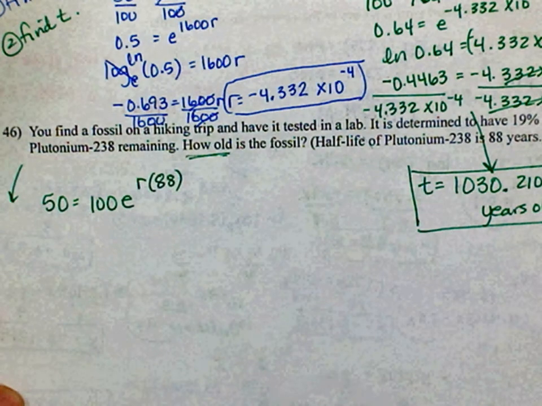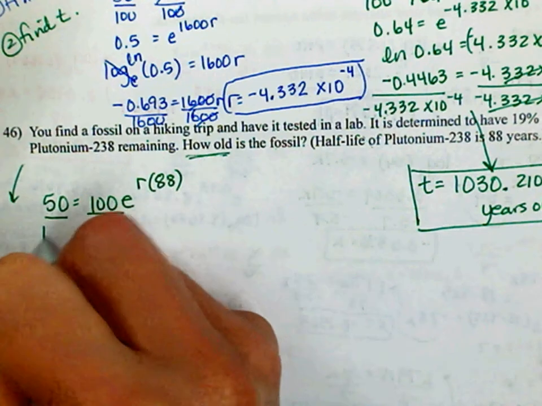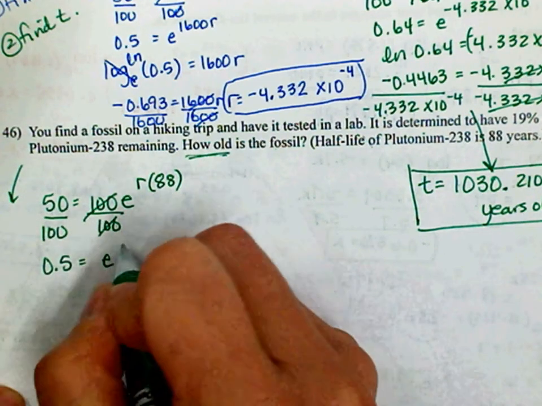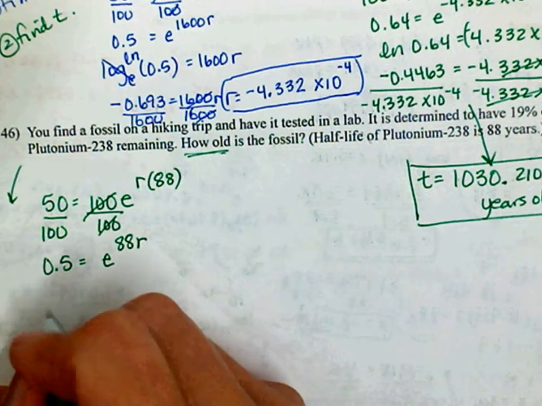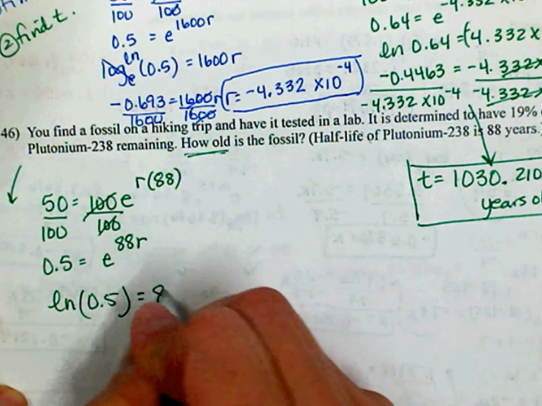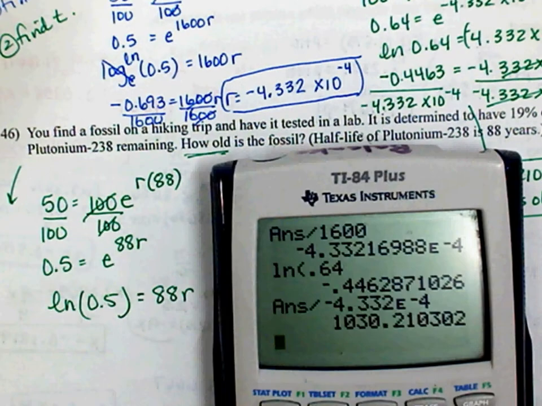Okay? So divide by 100. 0.5 equals E raised to the 88R. Notice my base is E, so I'm going to use natural log of 0.5 and bring down my exponent. Go to my calculator. What is natural log of 0.5?